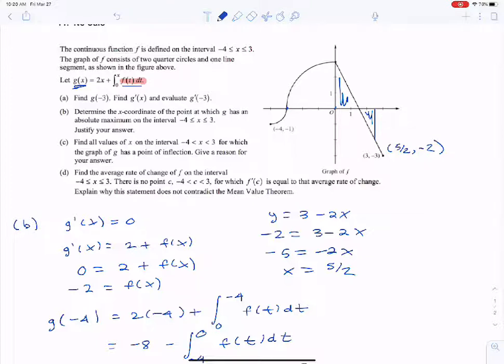What I'm going to do, though, is I already found the equation of that line, right? Didn't I find the equation of that line already? So why not just take its definite integral? That's what I'm going to do. Again, you could do it geometrically. I'm just going to take this line right here that I've highlighted and evaluate it from 0 to 5 halves, because that will give me exactly what I'm looking for.